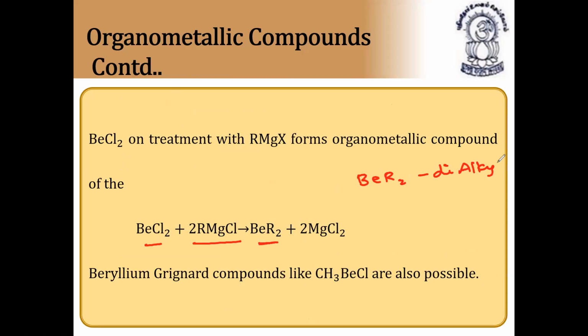This is also called an organometallic compound because on beryllium, one side is CH3 and the other is CH3, for example, so a Be-C bond is there. Beryllium Grignard compounds like CH3BeCl are also possible. These are called organometallic compounds.